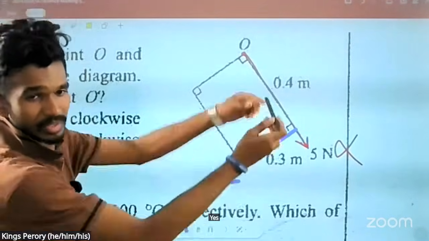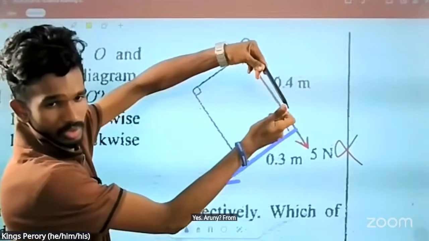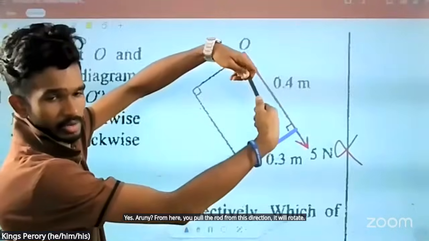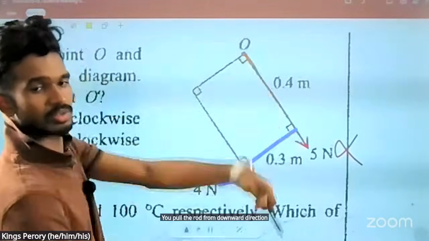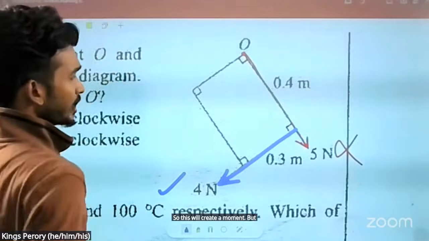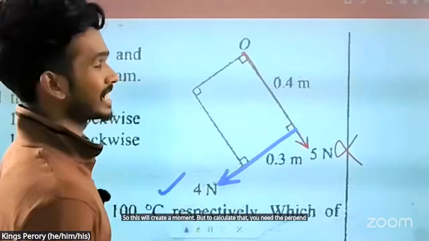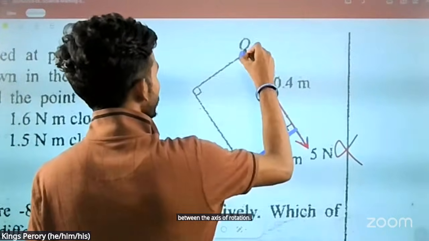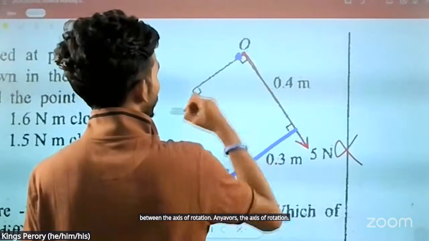Yes. If you pull the rod from the downward direction, it will rotate. So this will create a moment. But to calculate that, you need the perpendicular distance between the axis of rotation and your force. That is your axis of rotation.